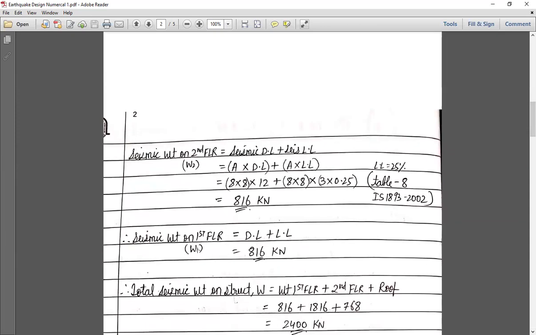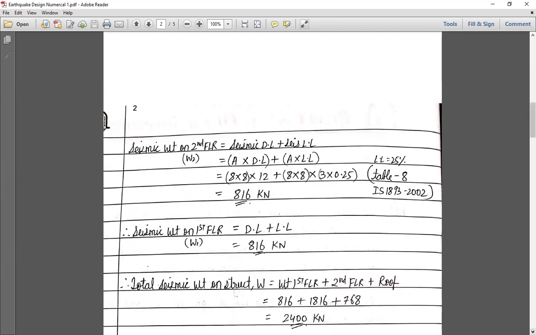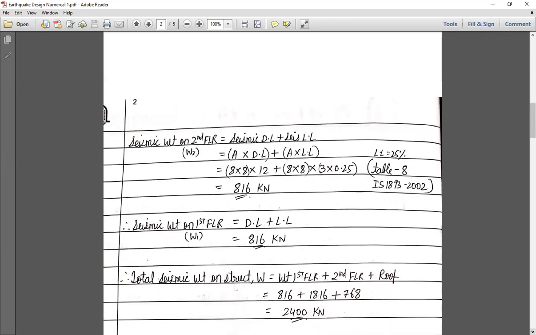Then the seismic weight on the first floor is dead load plus live load, and it will be the same on the first floor. So I have directly written 816 kilonewton, and then the total seismic weight on the structure W is first floor plus second floor plus roof. This comes out to be 2400 kilonewton. So that was the first step to calculate the seismic weight. This is the most important step.